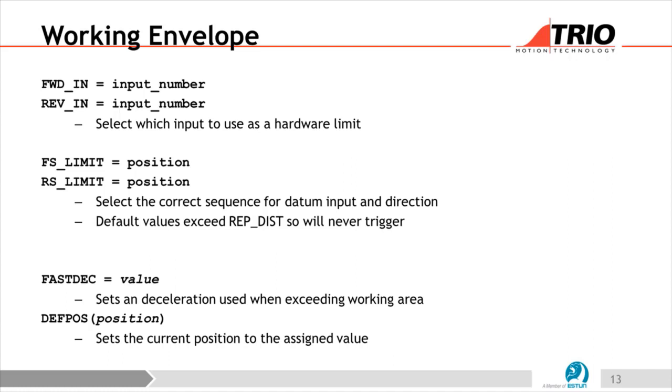Fast deceleration is to decelerate quickly so that you don't exceed the working area, especially if you are working close to the limit switches. And def pos means this will set the current position to an assigned value. So if you put def pos x is 0, whichever position it is, it will reset that back to 0. Same like a datum command, same like a home position, 0 position.